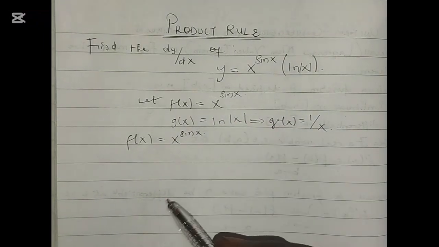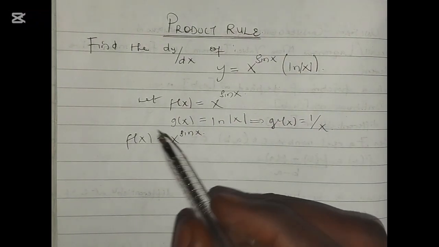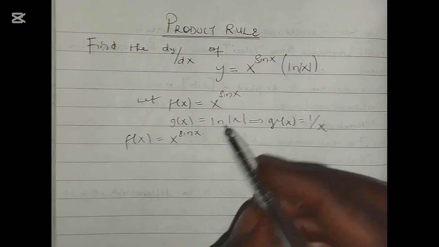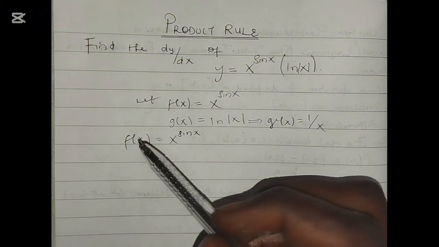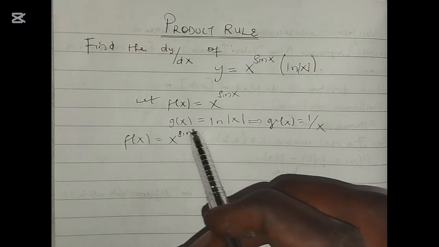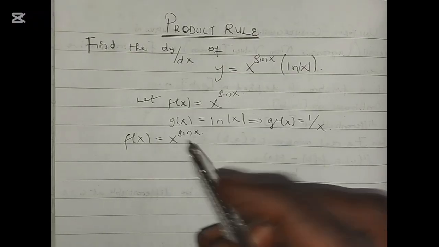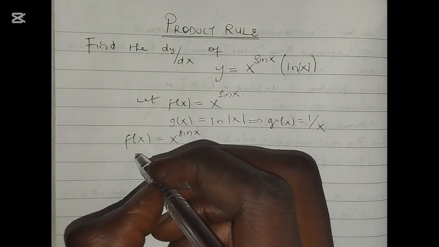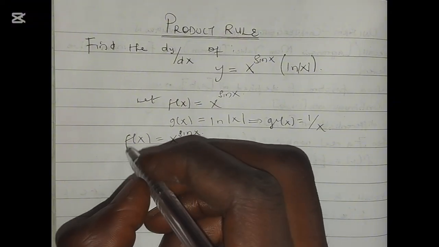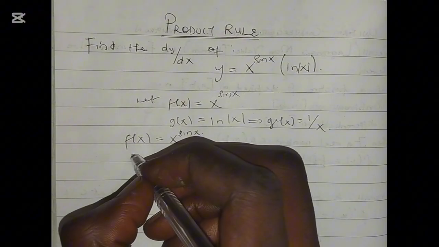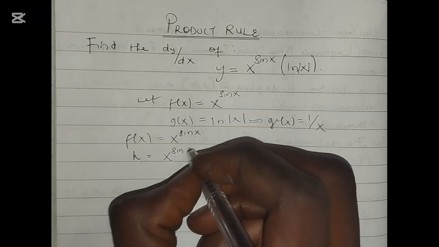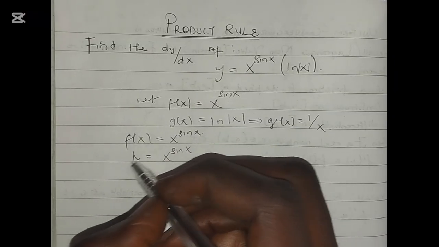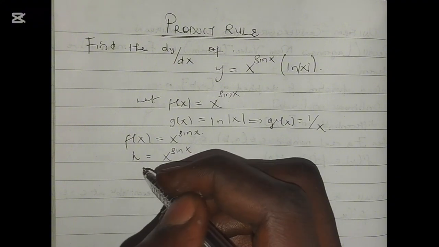We can't easily solve this. So now what we said was that we take ln of both sides of the function. Let us have this function here as a function of, let us put h here. So we have h is equal to x to the sine x, and we know that this h here is a function of x.